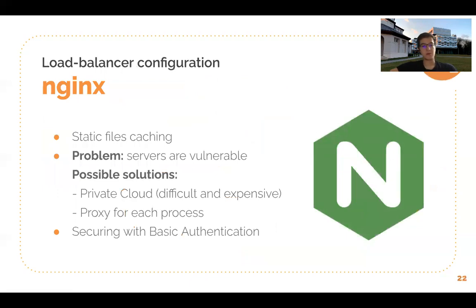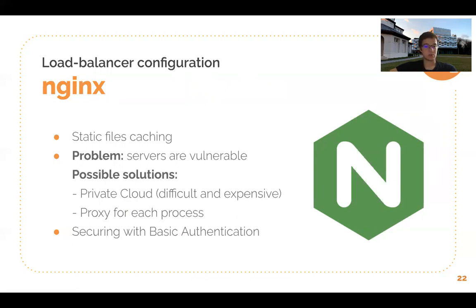We have also configured the load balancer Nginx. One of this tool's objectives is to cache the static files, but we had another usage of it. The problem was that our servers are vulnerable, and some ports do not have the authentication needed, so everyone on the internet can access it.